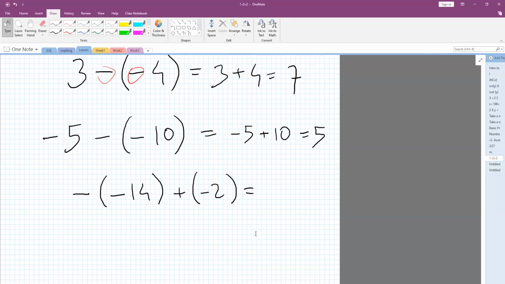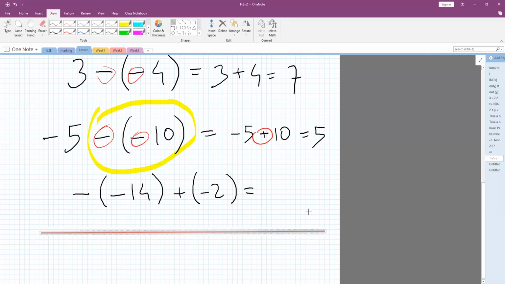Maybe this is the first time you see something like this. This is actually similar to what you have here. When you have this minus and then this minus, it becomes plus. But what's minusing it? Minusing it is like when you remember in the number line.